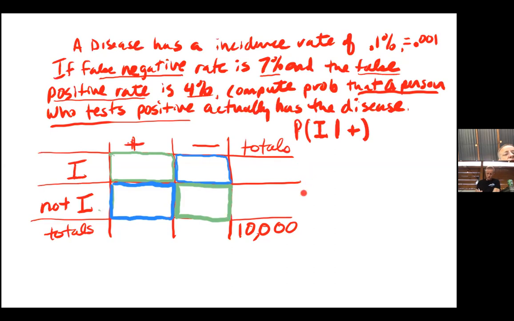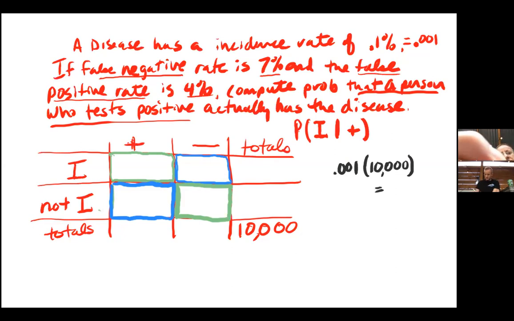Here we want to put what the total actual infections are. So the way we do that is by taking the rate of infection, which is 0.001, and multiplying it by the 10,000. In other words, let's find out what 0.1% out of 10,000 would be.